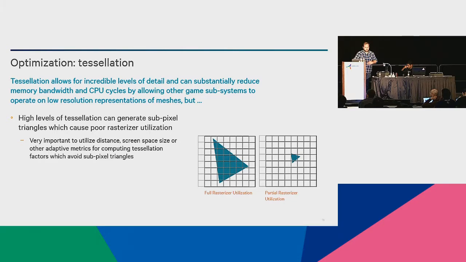What's important, though, is to make sure that you're doing this intelligently. A potential problem is if your tessellation ultimately ends up creating sub-pixel triangles, that could actually hurt performance. So you want to make sure that you're taking into account the distance of the geometry you're rendering and things like that, and do a smart adaptive tessellation.